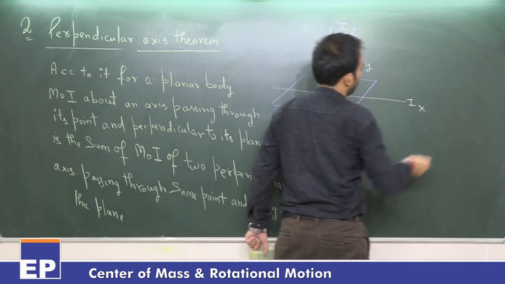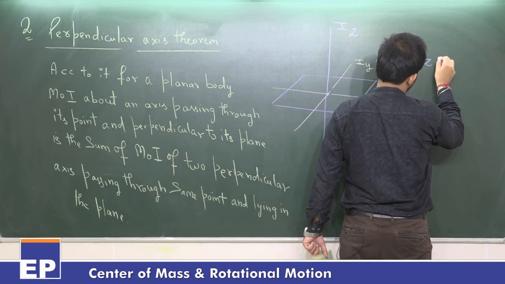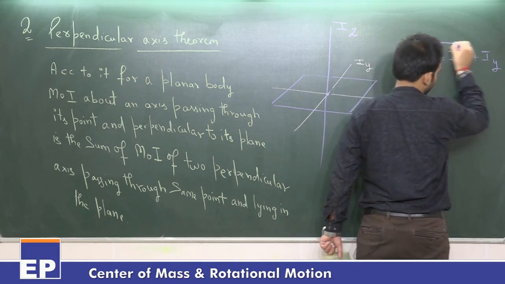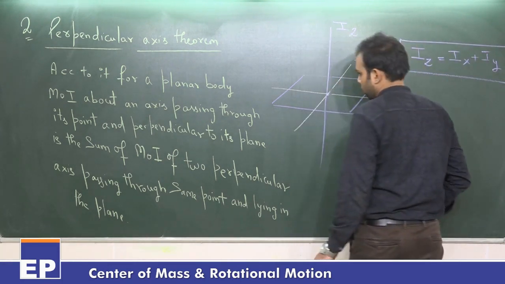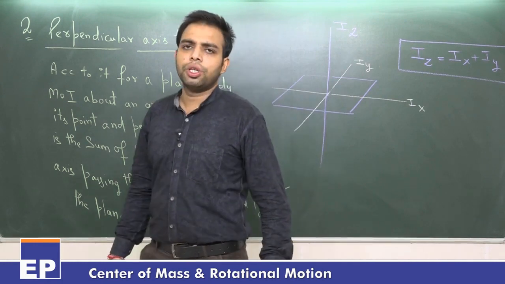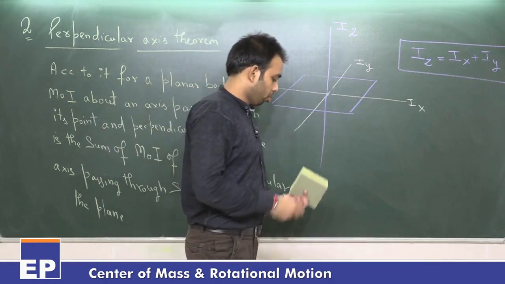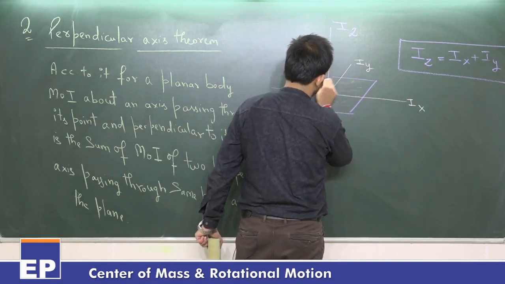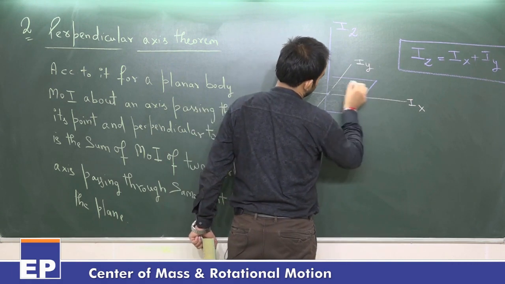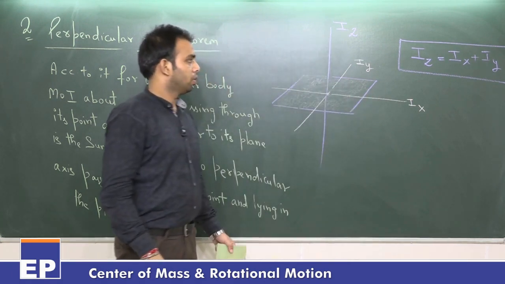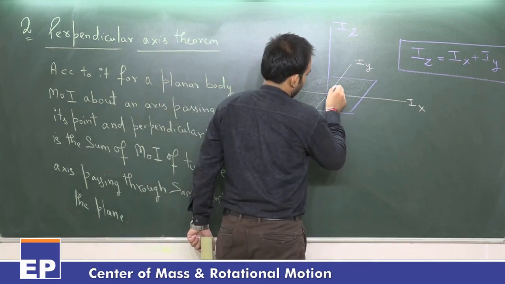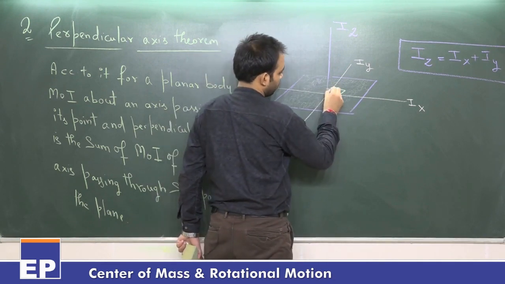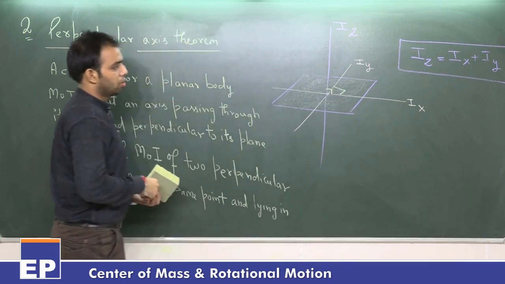So according to this, Iz is equal to Ix plus Iy. This is the relation for the moment of inertia according to the perpendicular axis theorem. These three are mutually perpendicular. This is the thing, right?